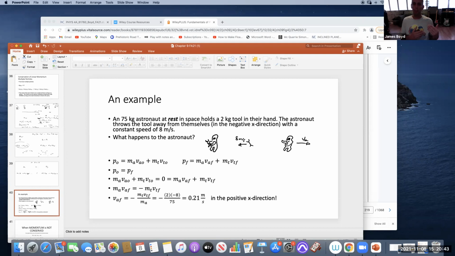Any momentum, me moving my hand like this, would have to result in a loss of momentum or momentum in the opposite direction. I shouldn't say loss. It would have to result in a counter change of momentum. Me moving at all would have to result in a counter change of momentum somewhere else in the rest frame.